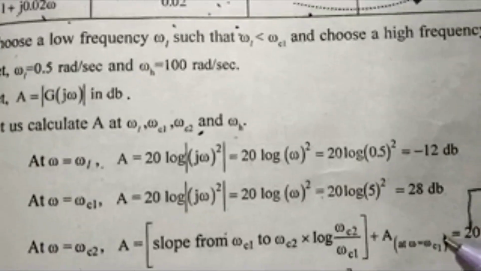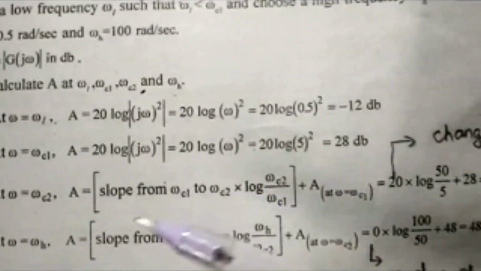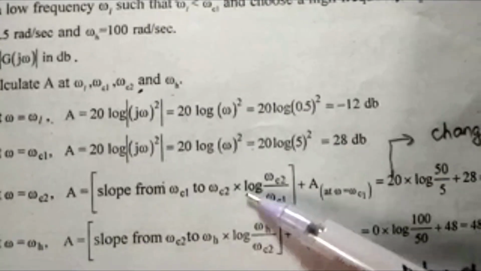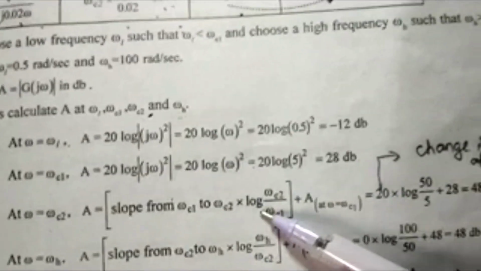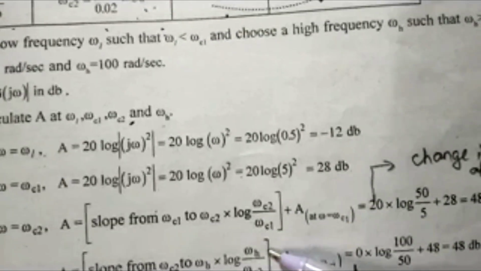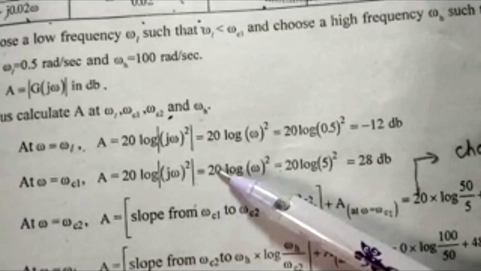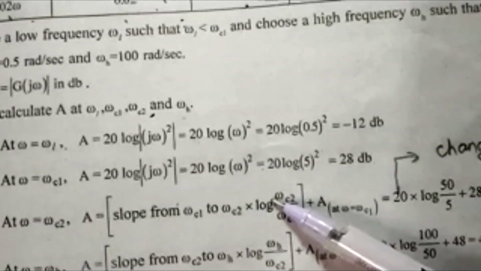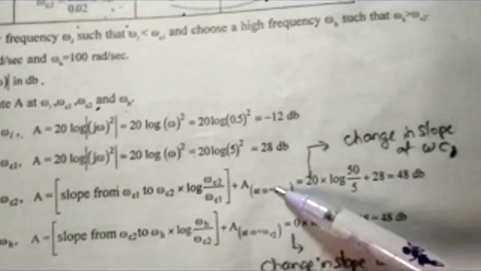You need to learn this formula, or else I'll tell you a shortcut. What does that mean? Change in slope at C1 into log omega C2 by omega C1 plus the magnitude at C1.